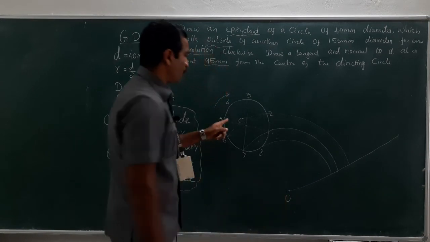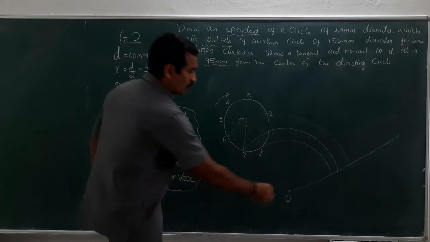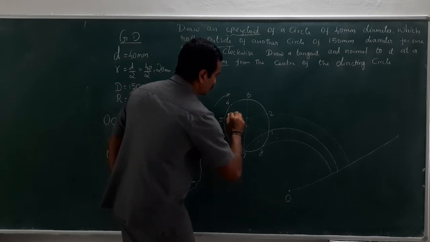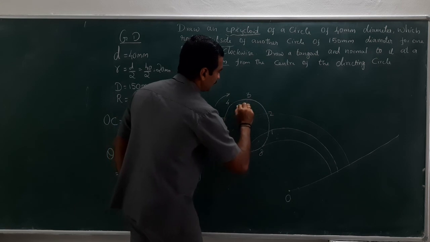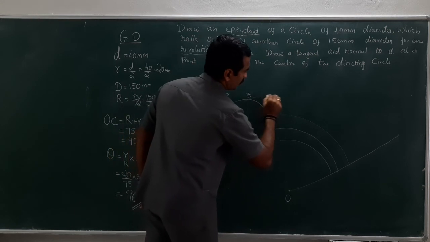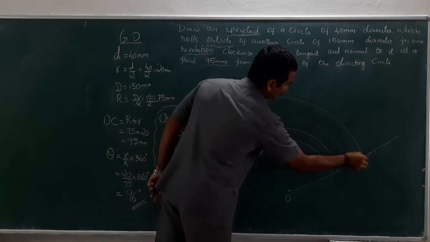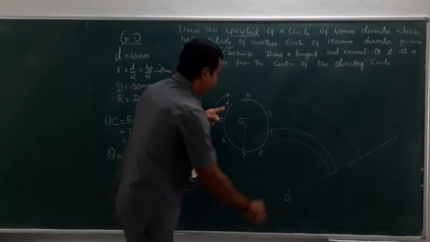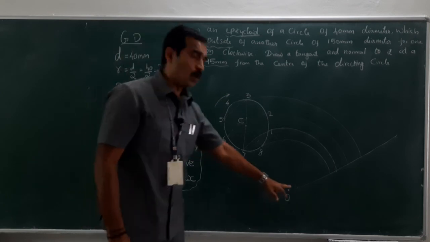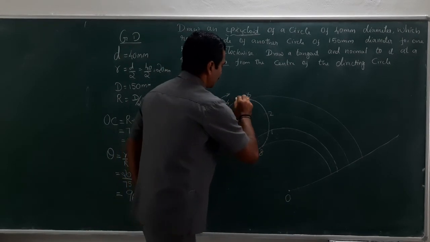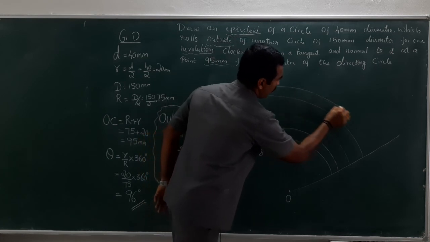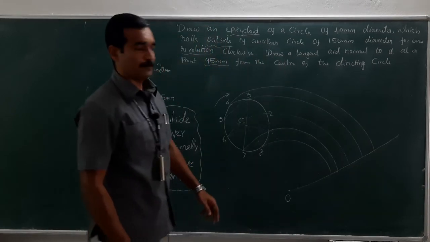Now O5 as radius, O as center, draw an arc which will pass through 3. Draw a concentric arc. Fine. Now O4 as radius, O as center, draw an arc till it intersects over there.